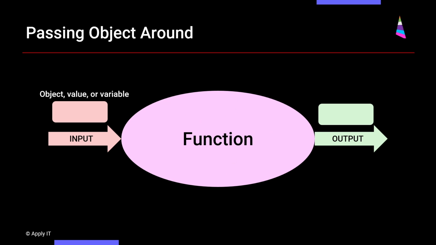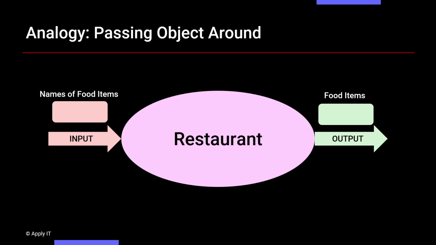It's going to return another object, another value, or another variable as output. As an analogy, if you go to a restaurant, we place our order. So we tell the names of our food items. So essentially it is objects or variables we are passing as an input to that restaurant, and the restaurant is going to execute some logic on that, and it's going to generate food items.